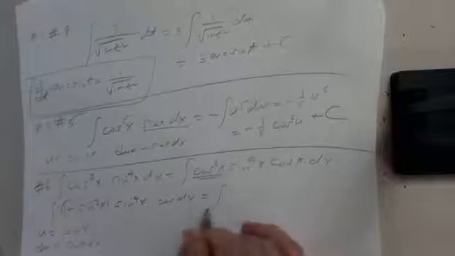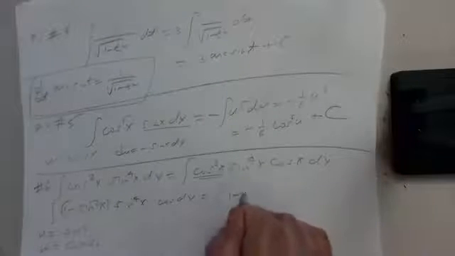And now if I make the substitution u equals sine x, so du is cosine x dx, this becomes just 1 minus u squared times u to the fourth du, which is u to the fourth minus u to the sixth.